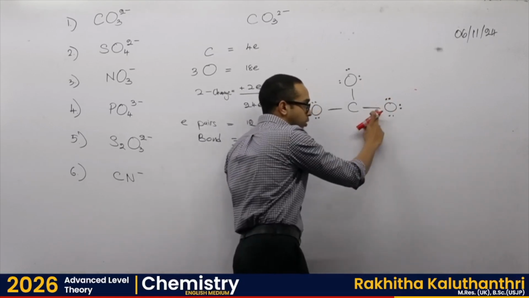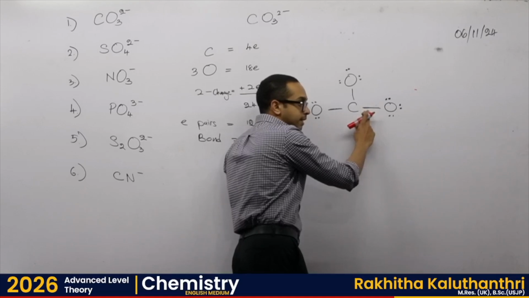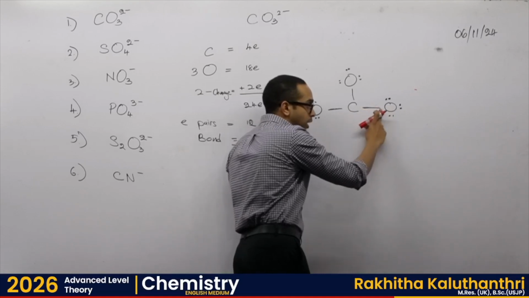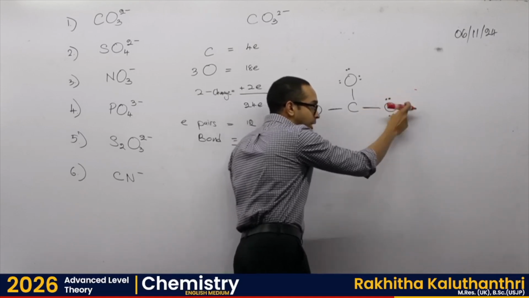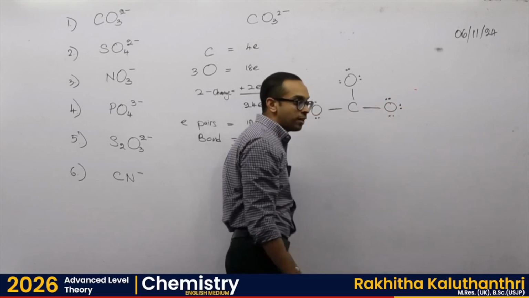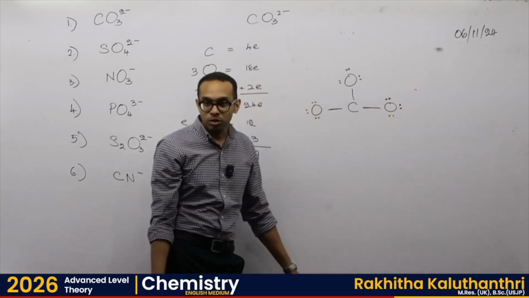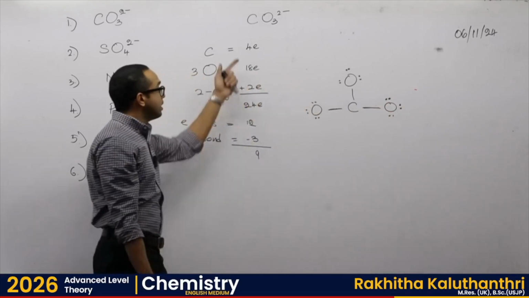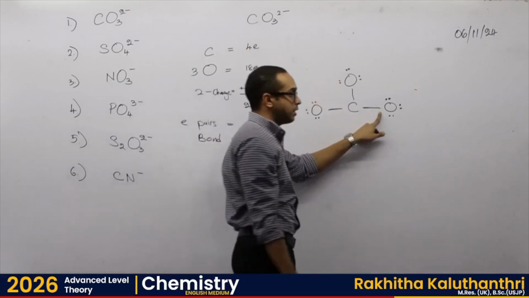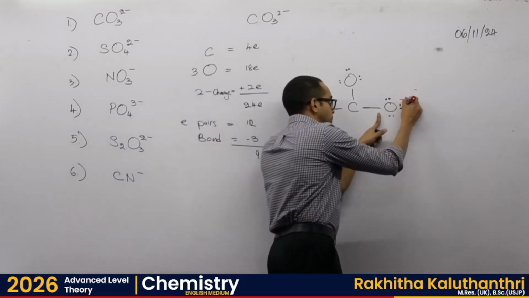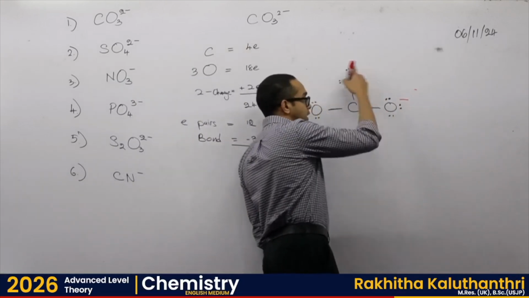Each bond has 1 electron of oxygen and 1 electron of carbon. So oxygen has 7 electrons, but oxygen's valence electron number is 6. This has 1 more. So oxygen is -1 in formal charge. Each oxygen is like that.